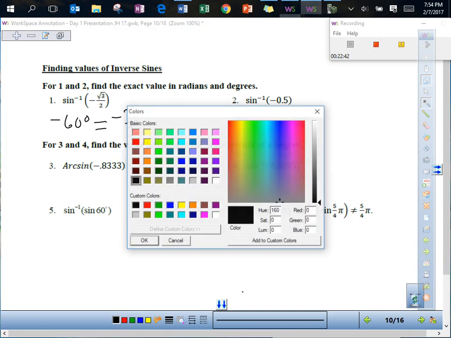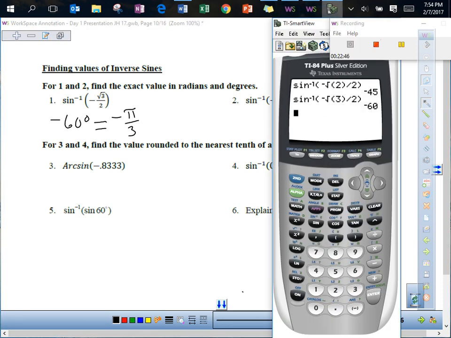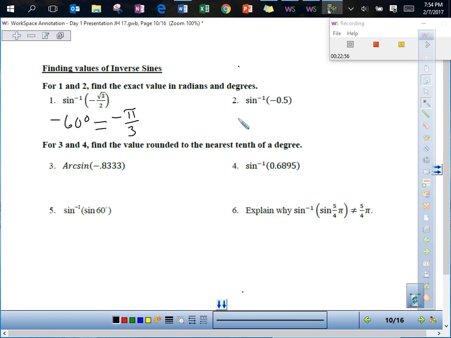But guys, I can do the others with you, but we don't need to. You're going to do inverse sine of negative 0.5. Calculator tells me that's going to be negative 30. Convert that to radians, negative pi sixth. And then these type in the same way.